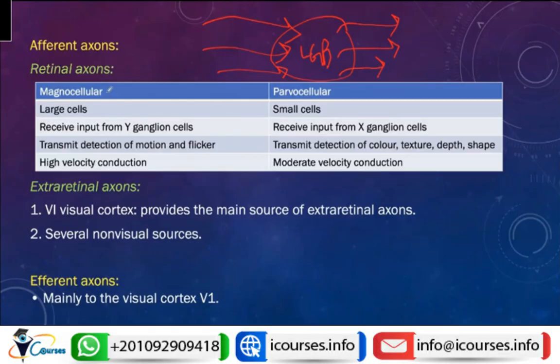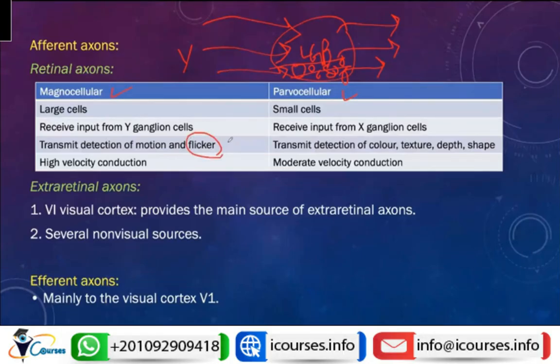So they receive mainly retinal axons. The retinal axons coming from the retina will be the main input to the lateral geniculate body. They will be divided into the magnocellular and the parvocellular. The magnocellular, the first two layers, are large cells that receive input from the Y ganglion cells, as we mentioned, and they will be responsible for detection of motion in the visual field and flicker.